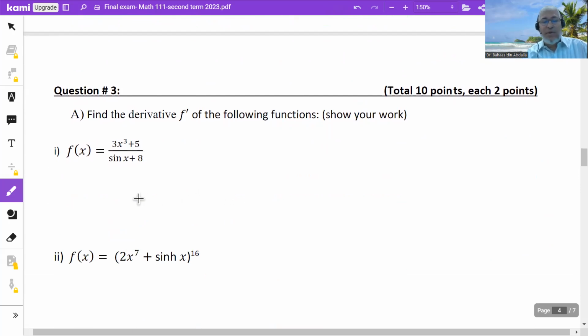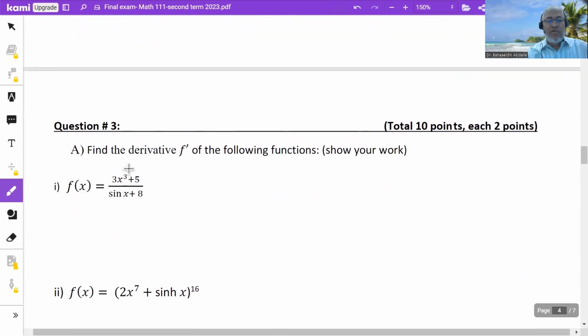Find the derivative f prime of the following functions. Well, I have a quotient here, so I should use the formula. The formula says the derivative of f over g is, with g squared in the denominator, f prime times g minus f times g prime.